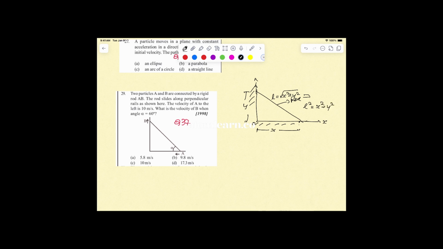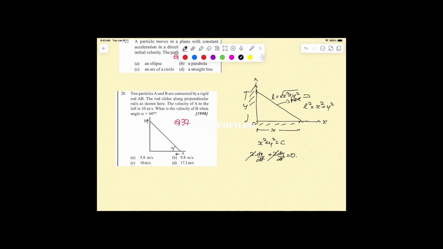Next, because L is constant, we can say that x squared plus y squared equals a constant. Therefore, differentiate it with respect to time.